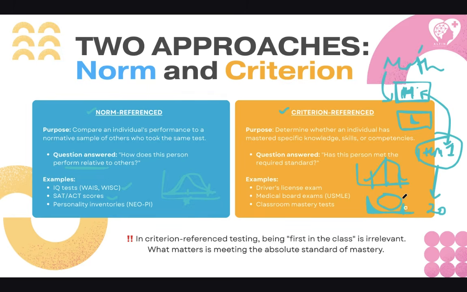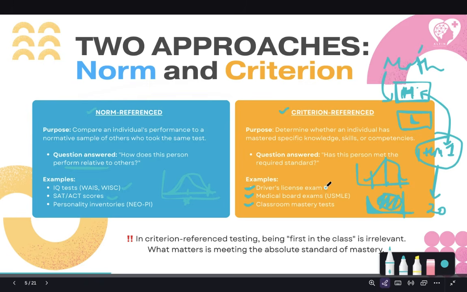Kay, again, there's a certain level of ability that you should accomplish for you to say na okay, this person contains this ability, this person is smart, this person can move to the next level. So example ani mga driver license exam, mga medical board exam, kana mga board exams, that's also a criterion reference testing na kani mga classroom mastery test.